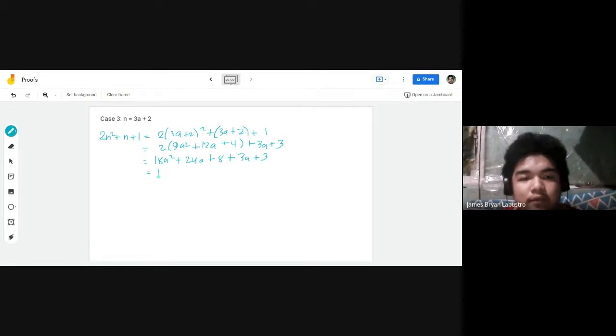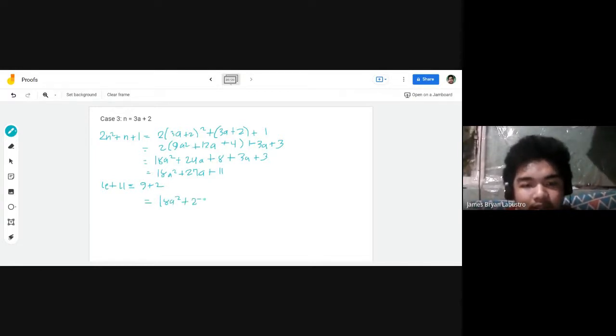Then we have 18a squared plus 27a plus 11. Then we let 11 equal to 9 plus 2. So we have 18a squared plus 27a plus 9 plus 2.